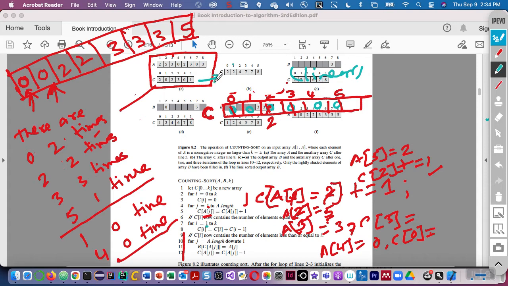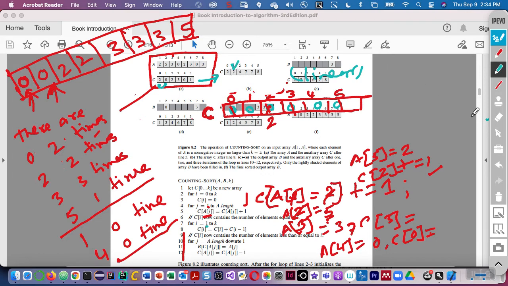For the second value, we are getting the first. See that Ci equals Ci plus Ci minus 1. That means this value will be updated by this plus the previous value. So this will be updated by this plus this: 2 plus 0 equals 2. You understand? 2 plus 0 equals 2.